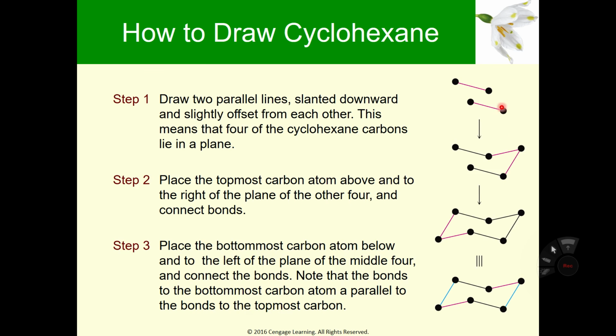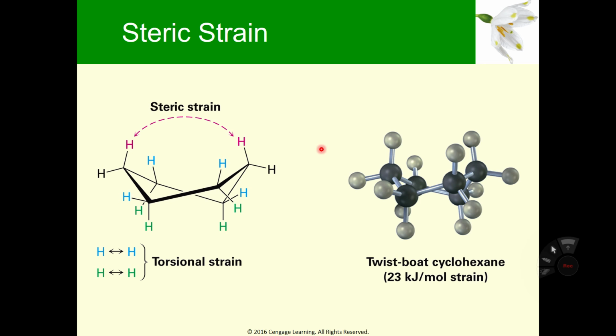So when you draw the six-membered ring, you draw like this, and this. When you draw this, try to remember that 2 pairs should be parallel. This one should be parallel with this, right? And we call this the chair conformation.